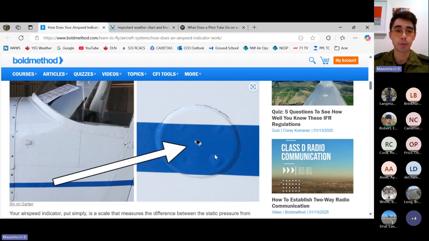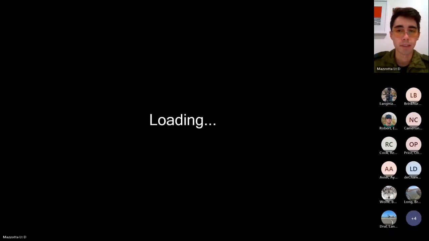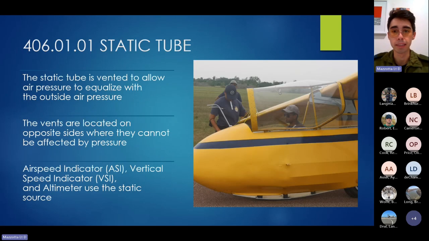So when you're doing your walk around on a powered aircraft, it's very important that you find where the static ports are and make sure that there's no blockages in those areas. Yeah, you definitely need to look very closely because it can be easily missed.